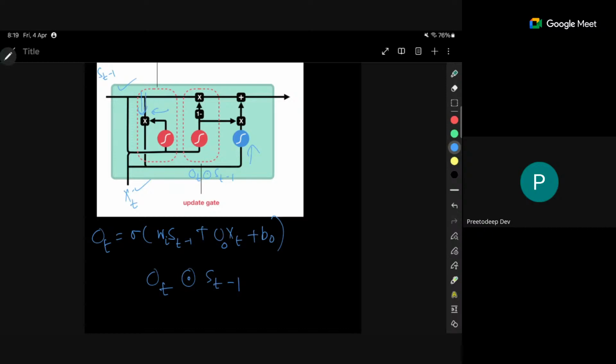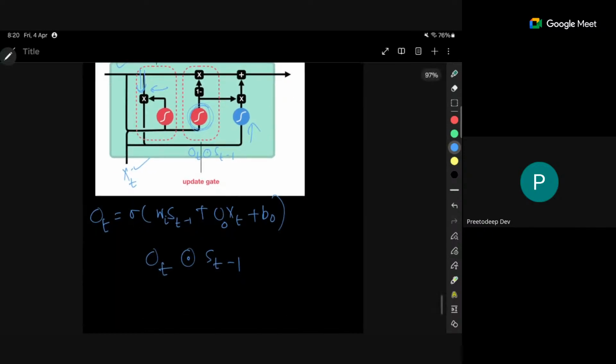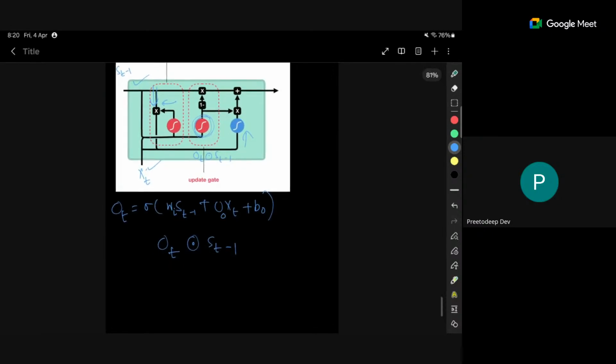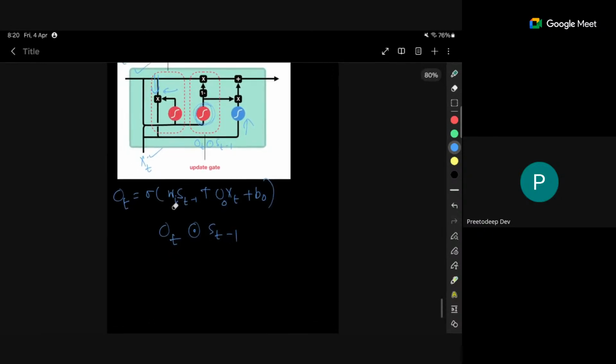Here x t goes inside another neuron, which I'll call i t. I think I messed up the weight, so this should be O, and this should also be O.